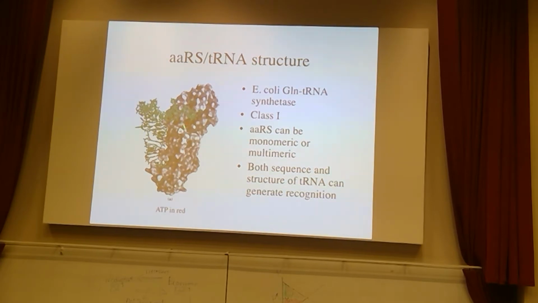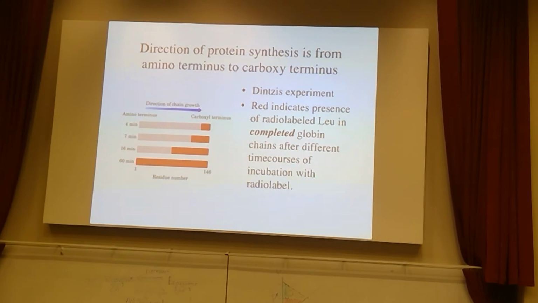This defines the activation site right here. And we talked before that there are 2 different classes. These enzymes can either be monomers, dimers, in some cases tetramers, so a whole variety of different things. And both the sequence and the structure of tRNAs are being used by these synthetases to make sure that they grab the right one. All right.